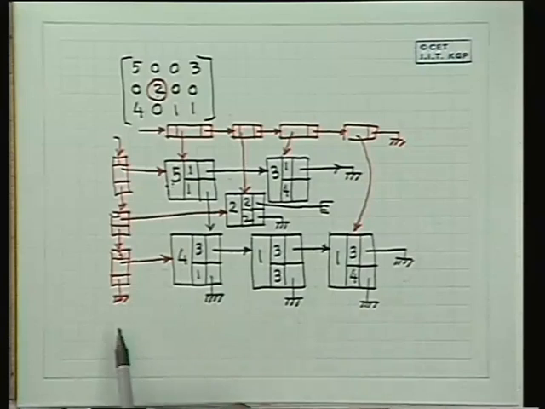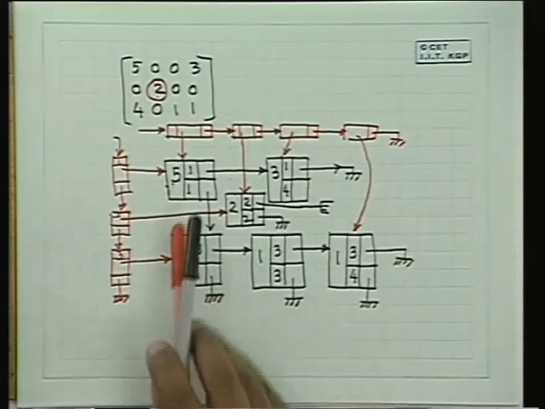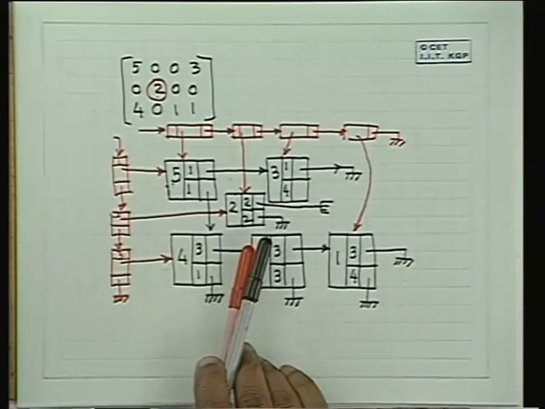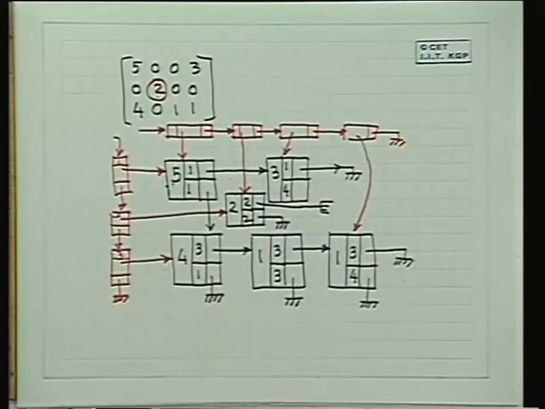So this will give you a representation for a matrix, which is absolutely dynamic, where you can add one element of a matrix, you can delete one element of a matrix, and the size will be just as it is given.